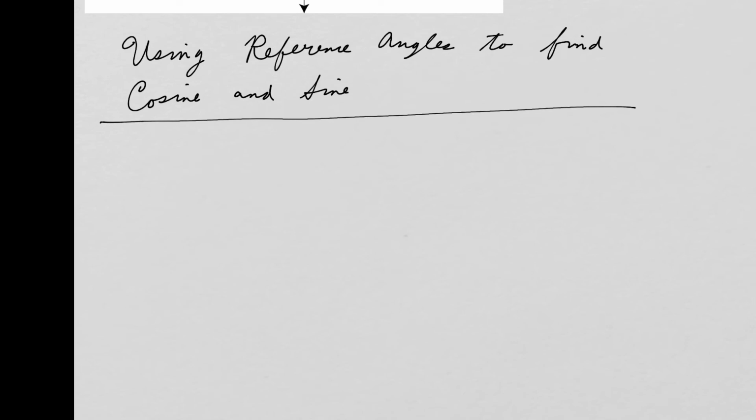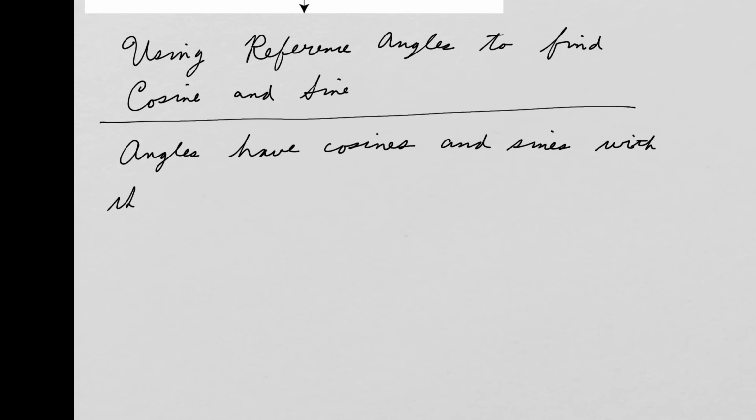Here's the important thing: angles have cosines and sines with the same absolute value as their reference angles.